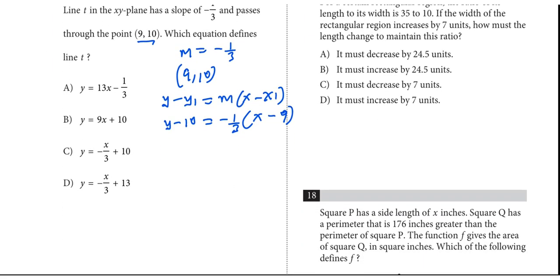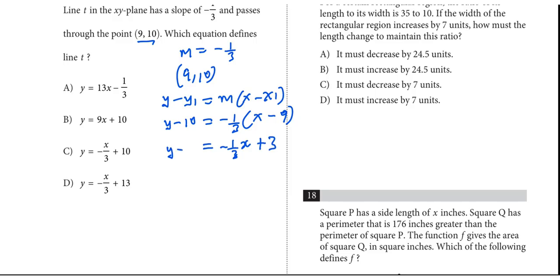If we distribute negative 1/3 into the parentheses, this will become negative 1/3 x, and negative 1/3 times negative 9 will give us positive 3.